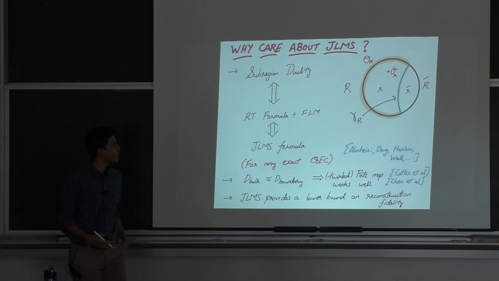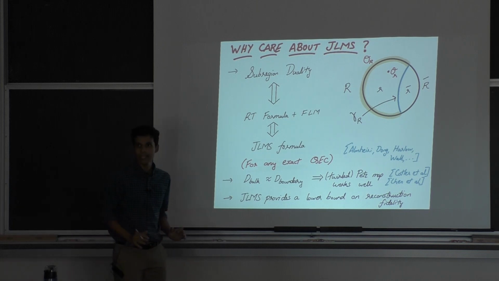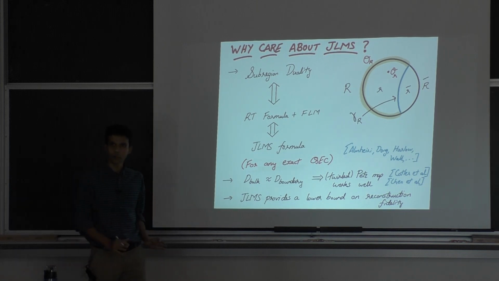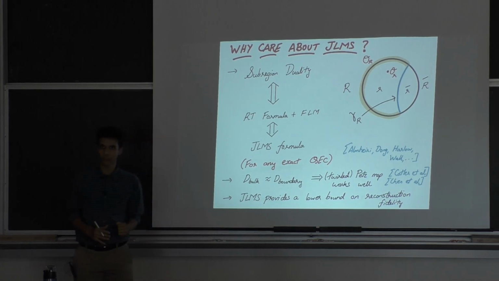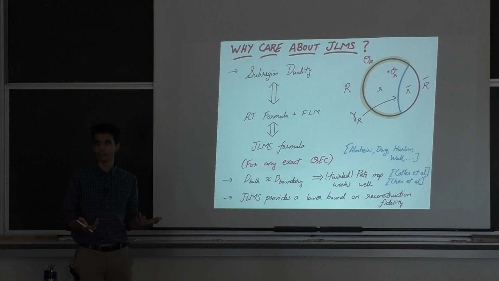So forget about holography, just any exact quantum error correcting code with this property of subregion duality has something like the JLMS formula. It's a pretty universal feature of error correcting codes. But in particular, we'd be interested in understanding this in holography.